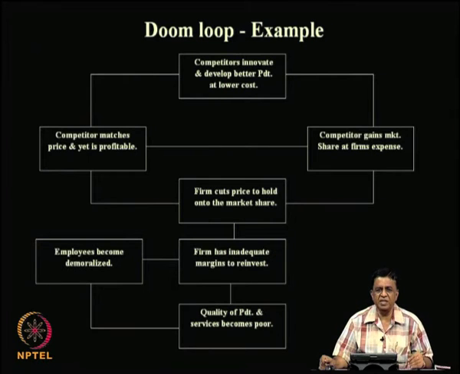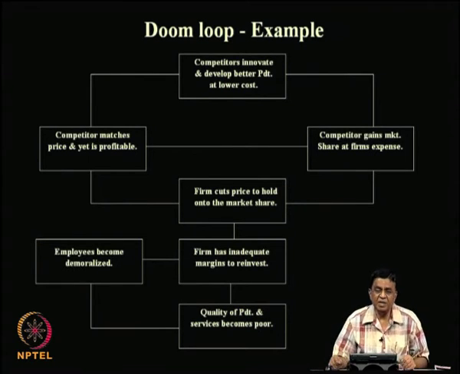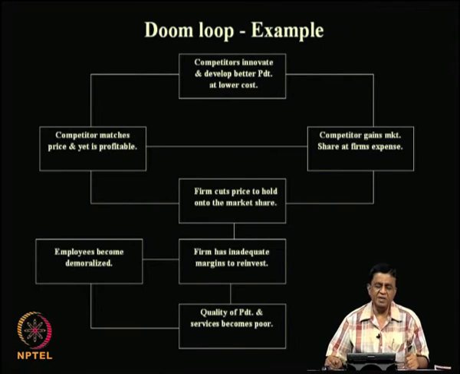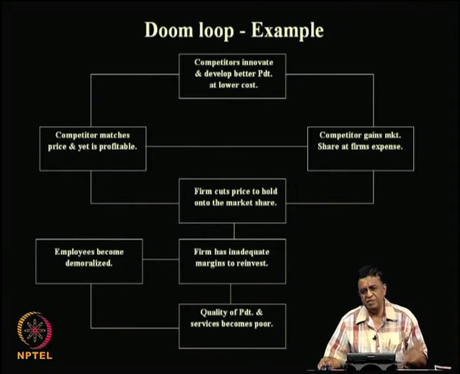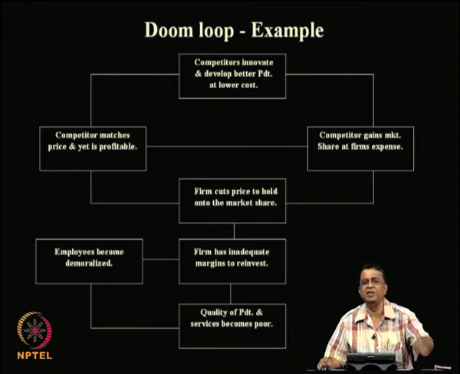You find out the competitor is innovating, he is into this innovation mode. In order to go into this innovation mode, the company requires investments. In order to make this investment, the company should have adequate margins. You find that in the case of your firm, you have inadequate margins to reinvest.